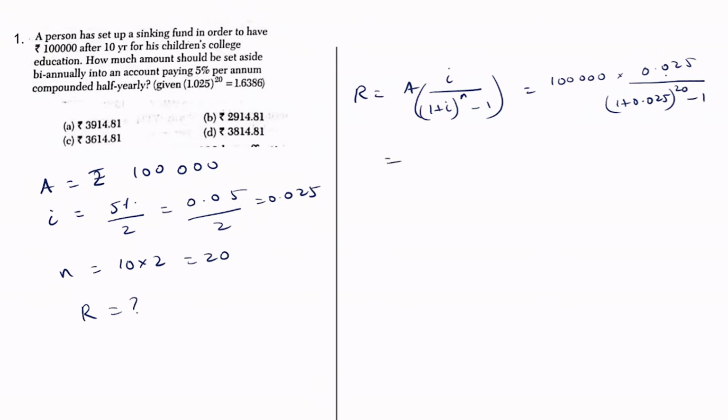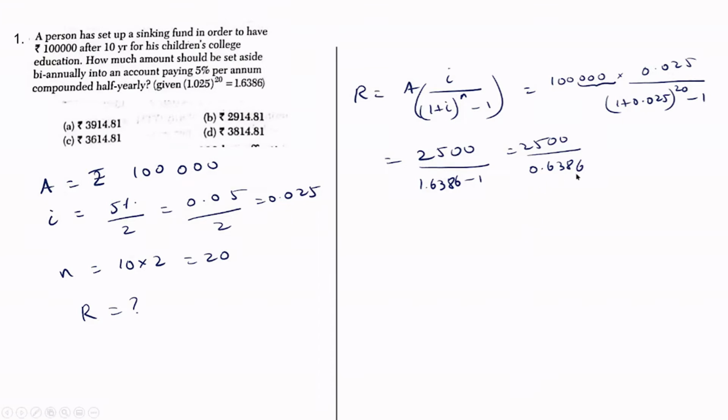So this is equal to, here we have 3 decimal places. If we cancel these 3 zeros, we will have 25 into 100, 2500 upon, here 1.025 the whole raised to 20, the value is given as 1.6386. So it is 1.6386 minus 1. So it is 2500 upon 0.6386.